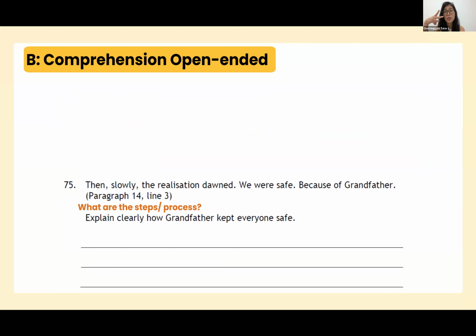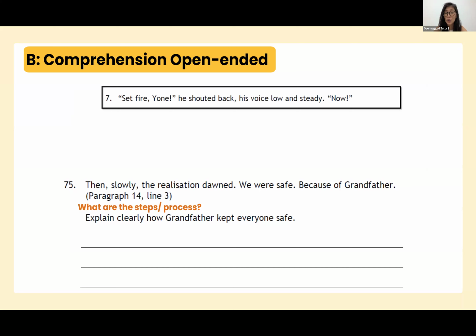It's a 2-mark question, which means that you need to give me 2 steps. So what's the first thing that grandfather did? If you recall, in paragraph 7, what did grandfather do? He yelled at Yone, set fire. So step 1, grandfather, let's start with the subject, set the rice fields on fire. If you mention that, that would earn you 1 mark.